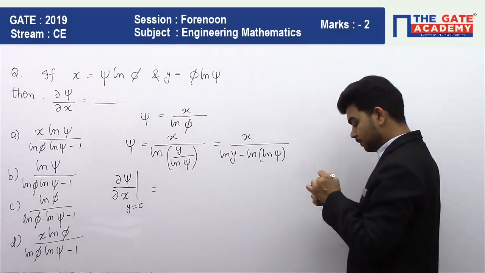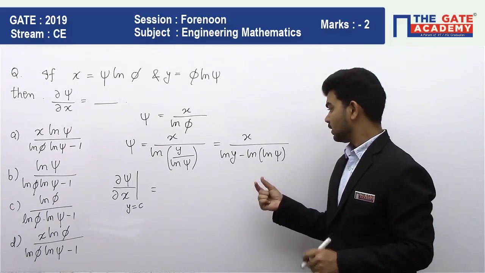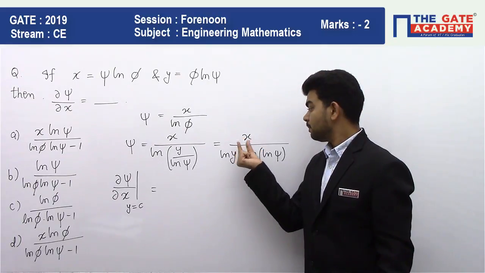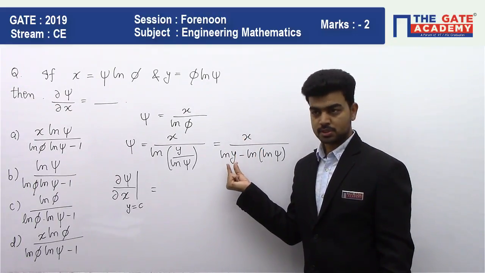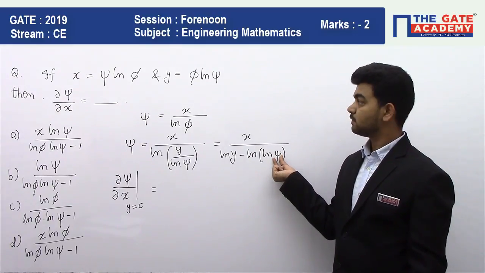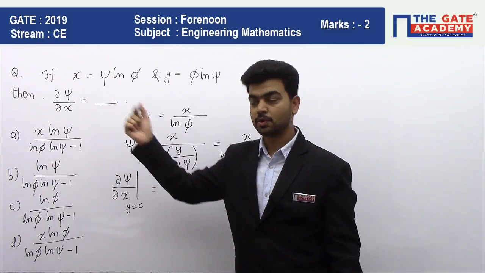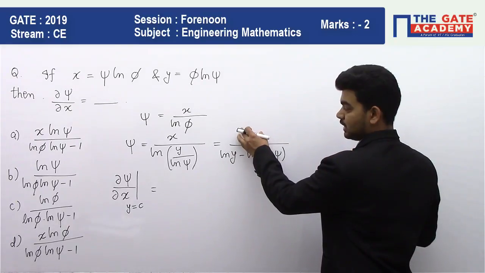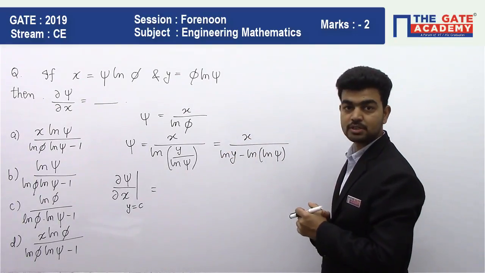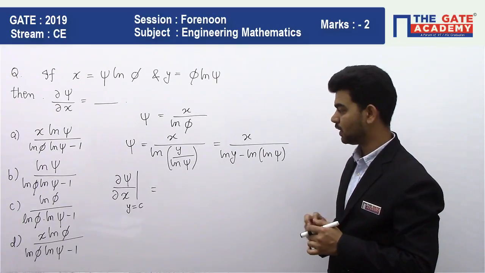One thing we have to keep in mind: x is a variable, y is a constant, but here we are having psi, and we know that psi is a function of x. So there is a function of x in the numerator and denominator, both sides, so we will apply the division rule of derivative.